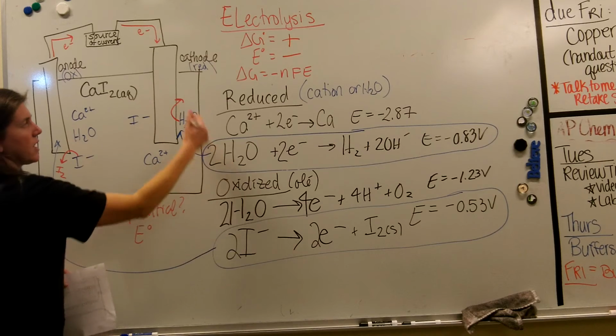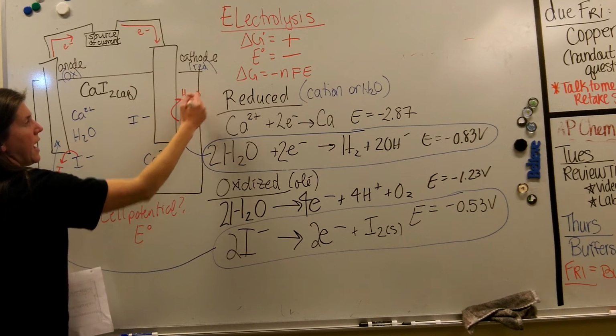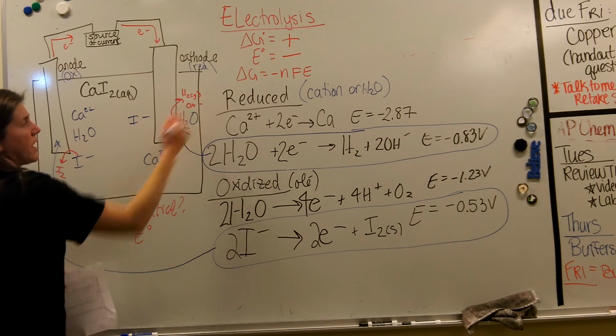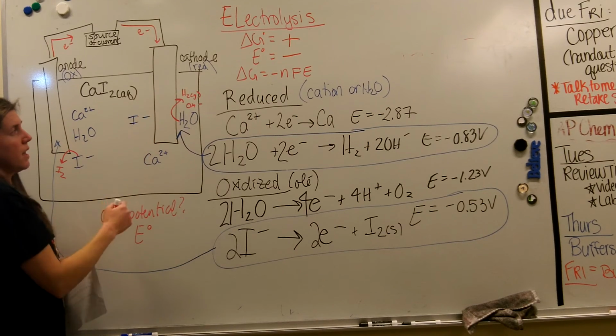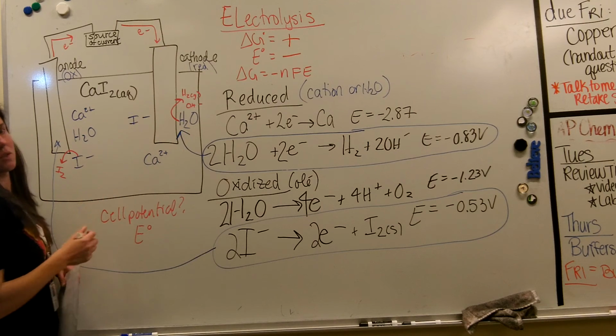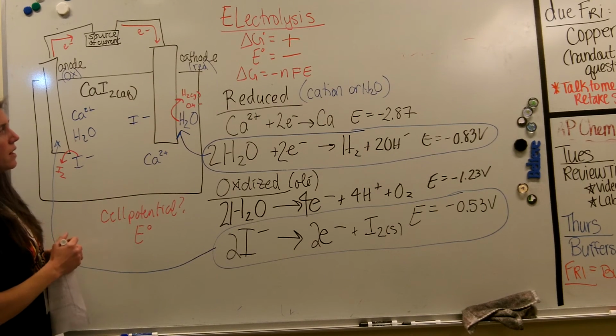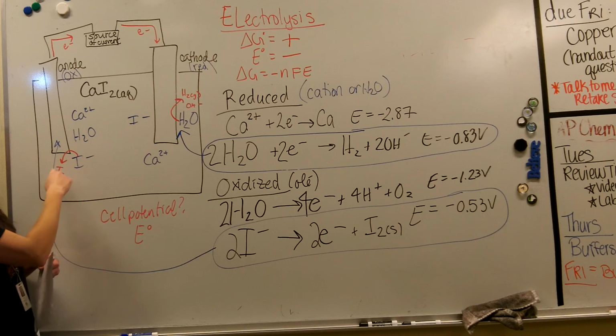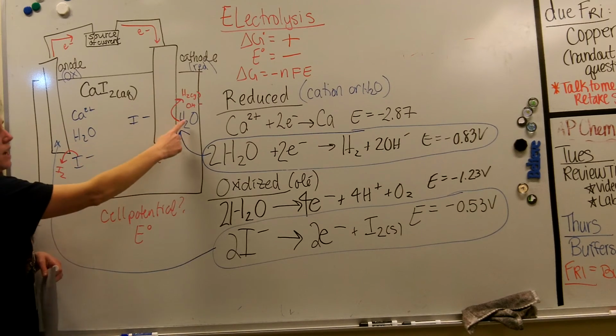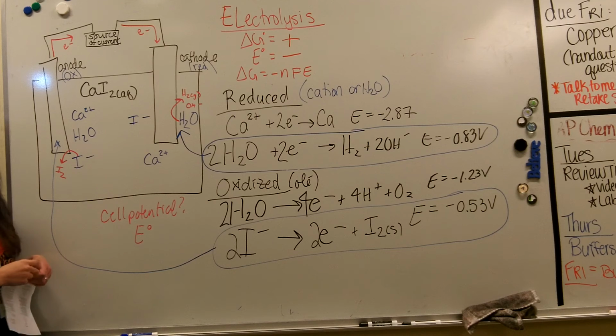As it does that, it forms H2 gas and hydroxide ions. So if you look at the solution over time, you would see bubbles. If you put an indicator in it, you'd notice it would start to turn basic as your water is reduced. So this is my electron generating reaction. This is my electron taking reaction that's occurring in this electrolytic cell.